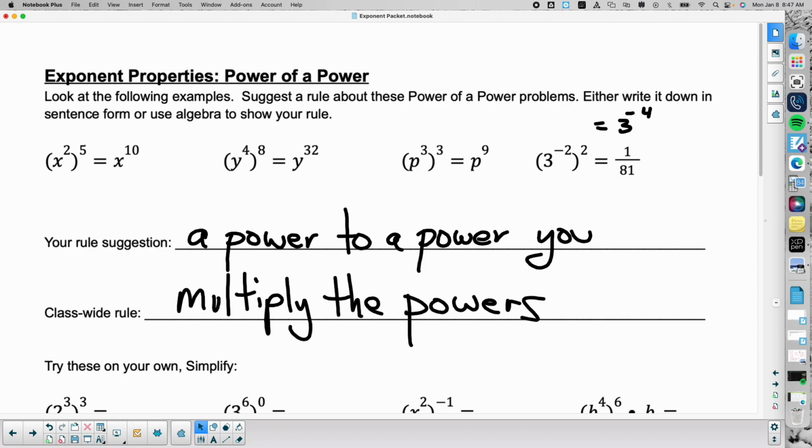These are kind of separated, I guess, by the power to a power. Because they would never write it as x^2 to the 5th. You could, but I think most people just think that looks kind of strange, or that actually might mean something different. So we don't write it that way on purpose.